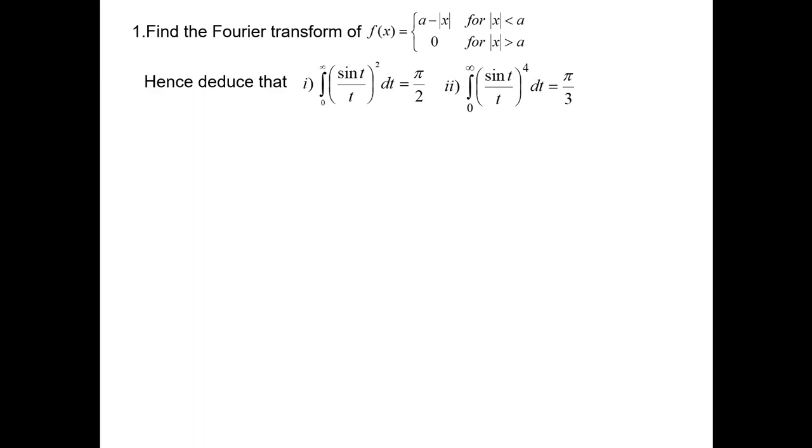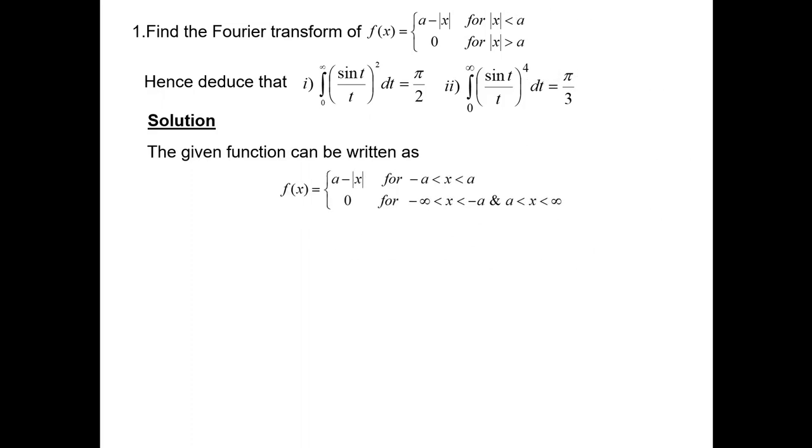Let us come to the solution part. Here we will rewrite the given function f of x as a minus modulus of x for minus a less than x less than a, and 0 for minus infinity less than x less than minus a and a less than x less than infinity.